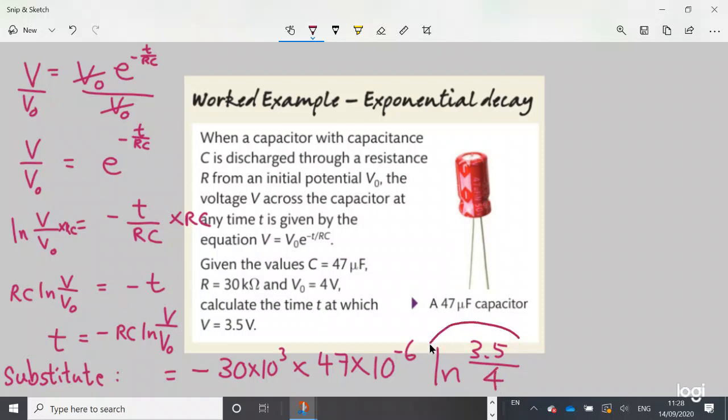Does this term give you a negative value on the calculator? It does. Yeah. If it doesn't, then that's worrying, and I would go back and check the formula. So if it does, what's the final answer for the time t then?